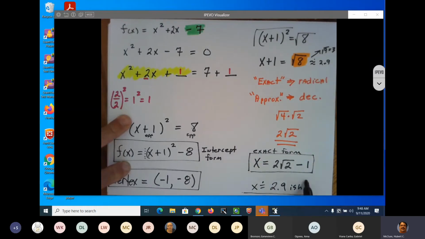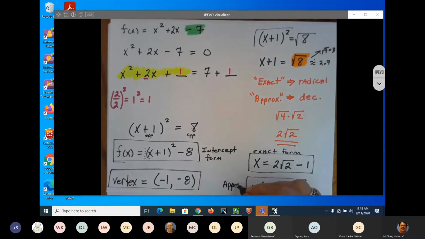Somebody take the square root of 8 in your calculator and tell me what you get. Please.